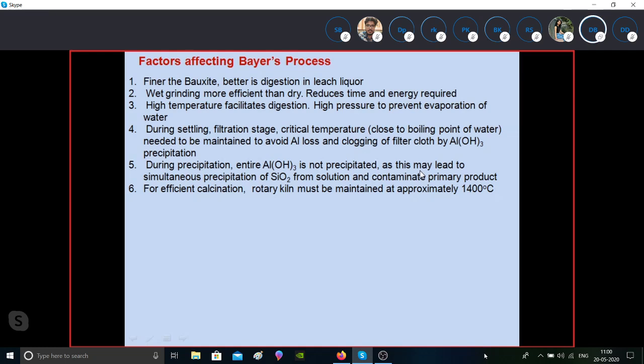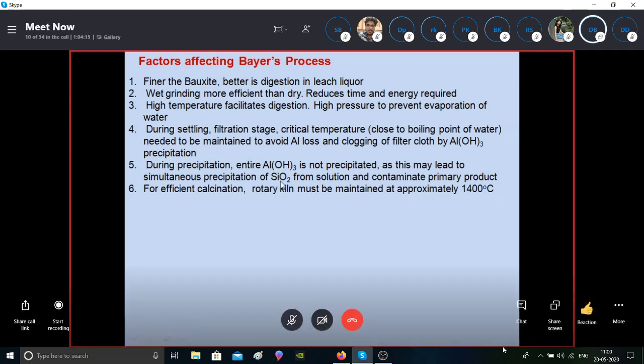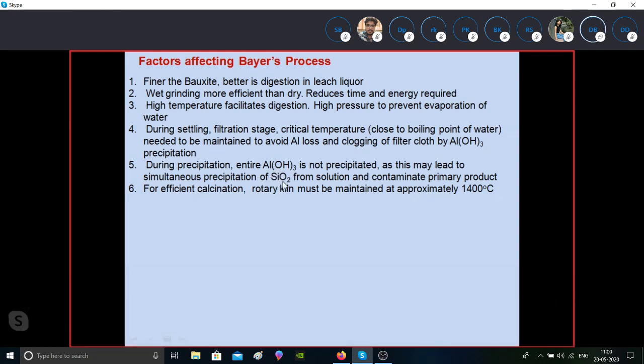And during the precipitation stage, we do not take out the entire amount of Al(OH)3. That means we do not extend the reaction to completion. There is a chance of SiO2 from solution getting precipitated out.